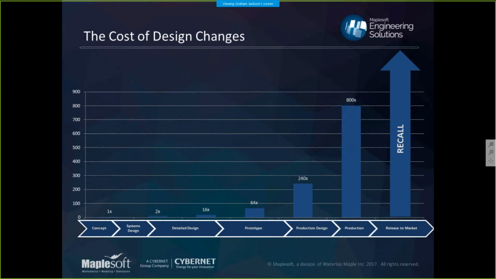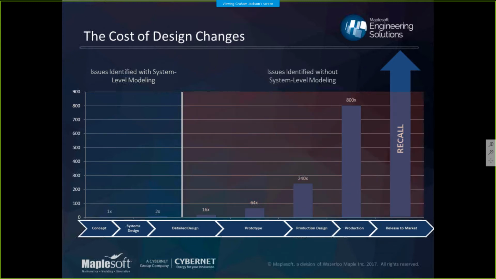And with a system level modeling tool, the issues that you identify are going to be in the earlier phases of a design process. And that's typically when they're the easiest and the cheapest to change. Without a system level modeling tool, and of course system level modeling won't catch everything in the way somebody's typically going to use it, the issues that are identified later just stand to be very, very expensive.